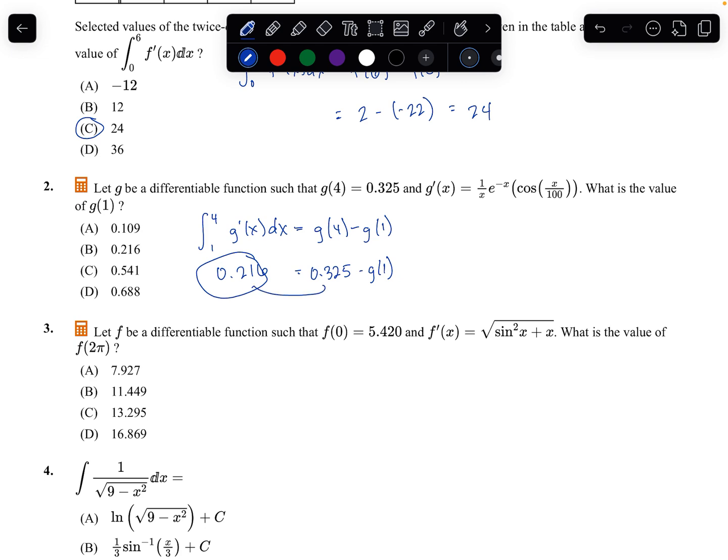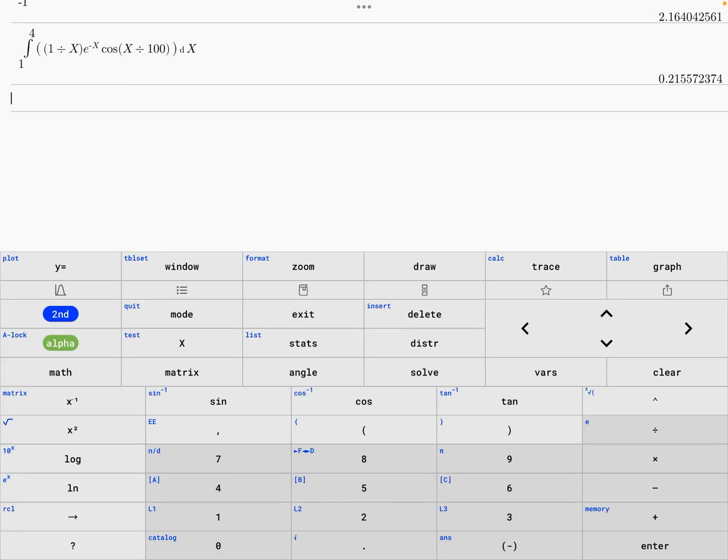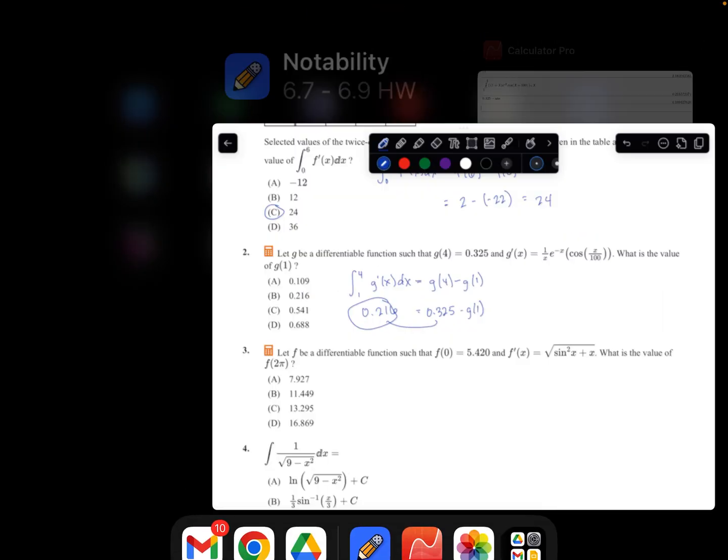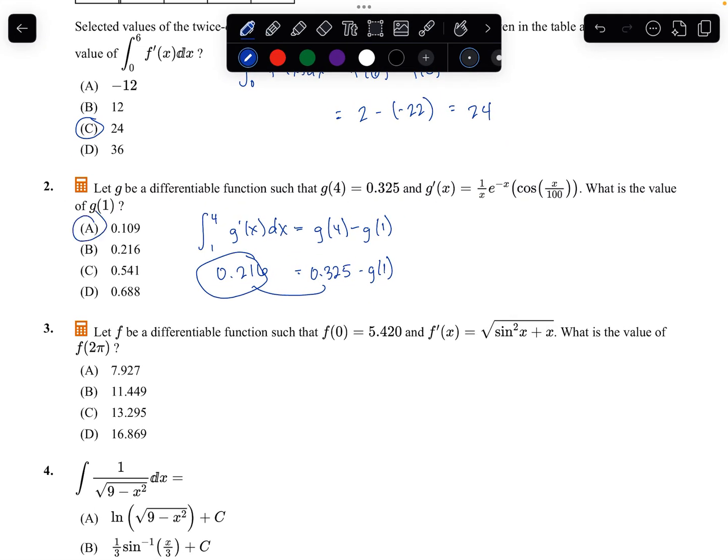So 0.325, and then I'm going to subtract what I had from there, and I got 0.109. So 0.109 is right there. There you go. I'll just write that right here. G of 1 is going to be equal to 0.325 subtract 0.216.